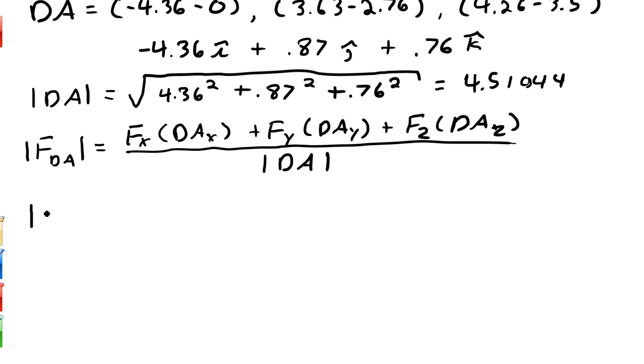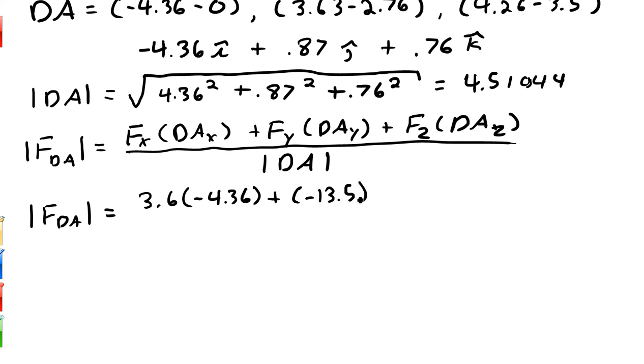So now that I've done it symbolically, let's do it with some numbers in it. Everybody likes numbers. So this is going to be 3.6 times a negative 4.36 plus a negative 13.5 times 0.87 plus 28.6 times 0.76. Oh, that's supposed to be a 6, not a 2. 28.6, and that's all up in our numerator.